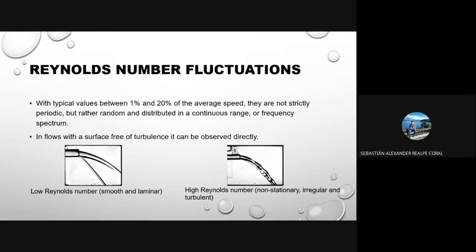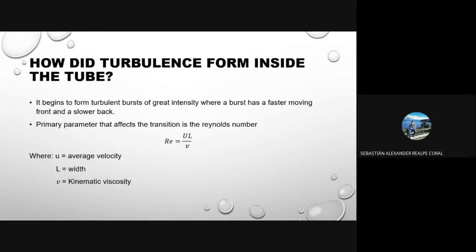Laminar, turbulent. How the turbulence forms inside the tube: it begins to form turbulence bursts of great intensity, where a burst has a faster movement from a slower back.